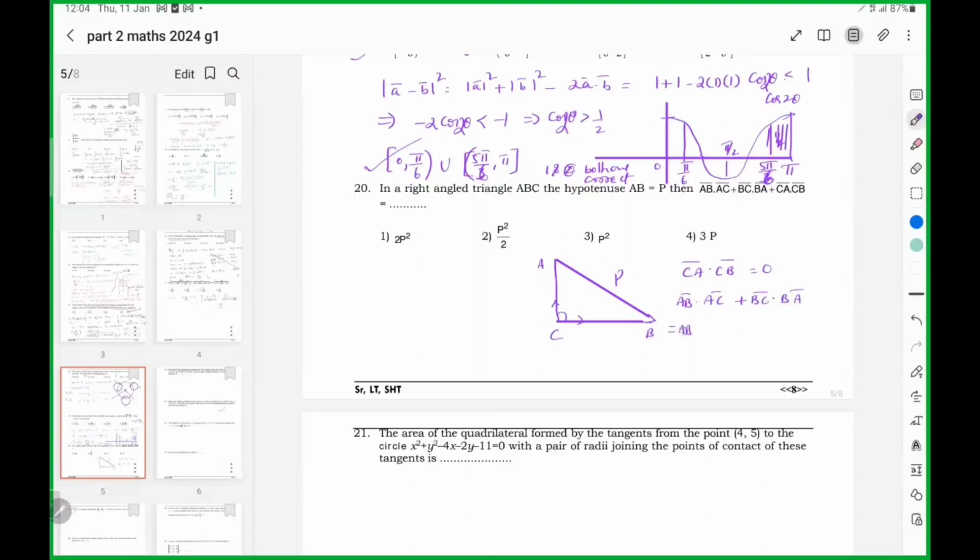I can write AB dot AC minus BC dot AB, I will write it as minus AB dot BC. If you take AB dot common, AC minus BC, I can write as CB, which is AB dot AB, which is P square, third option.